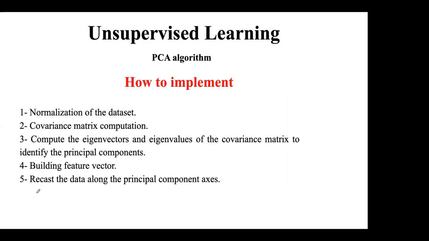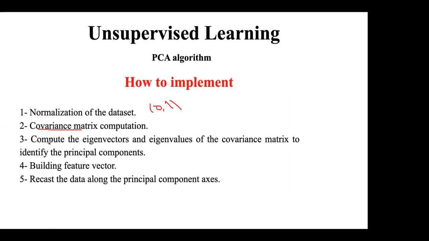There are 5 steps we need to implement to apply PCA. First, we need to normalize the dataset, meaning scaling it to be between 0 and 1, in the way that we discussed yesterday. Then we have to compute the covariance matrix. What the covariance matrix is, I will tell you in the next slide.